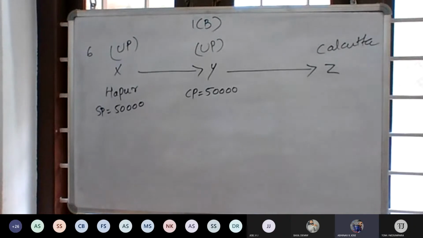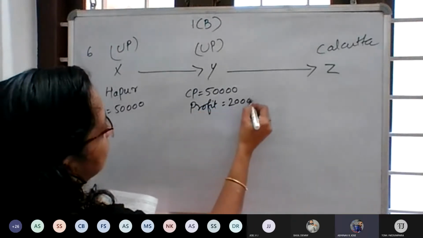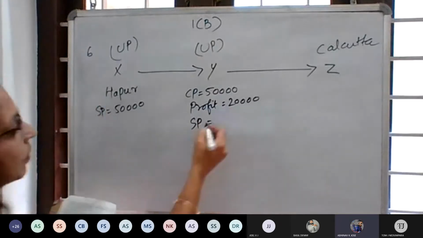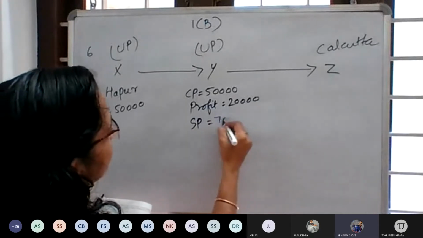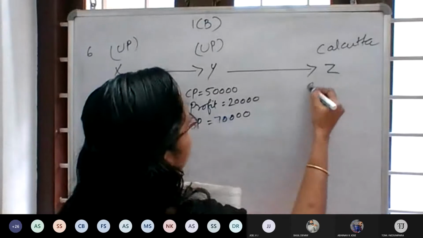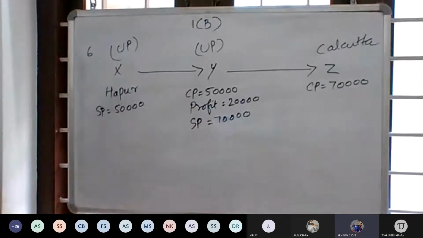Calculate at a profit of 20,000. We want to calculate which one, net GST. So profit is given as 20,000. Okay. Then SP 70,000. Directly I am writing 50,000 plus 20,000, 70,000. Okay. Then next, here what will be the CP? CP will be 75,000.